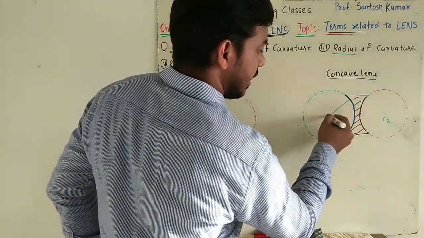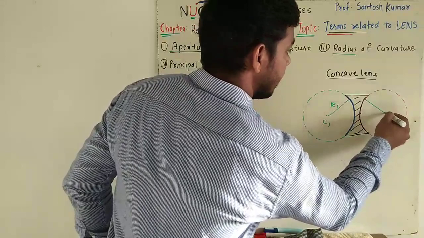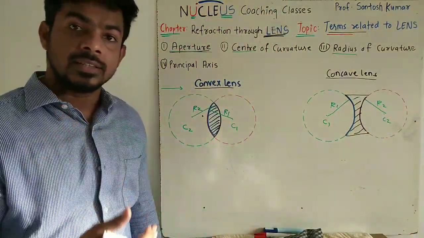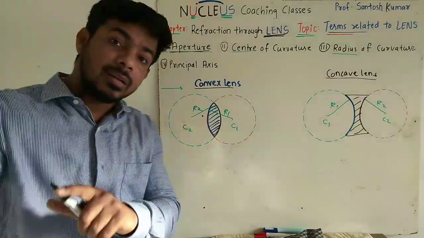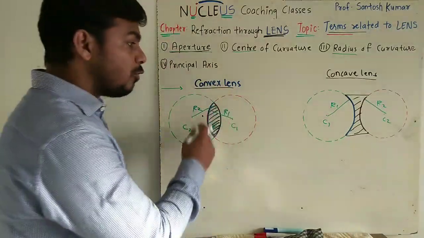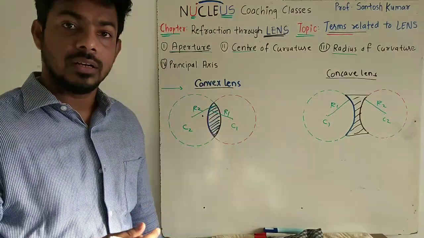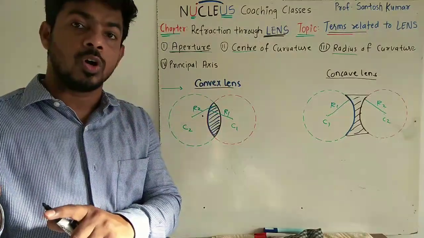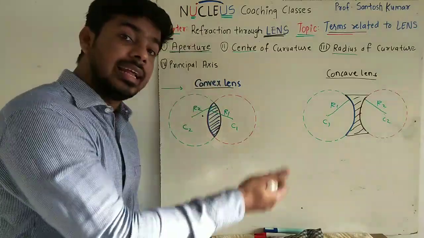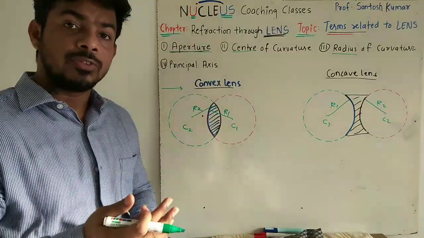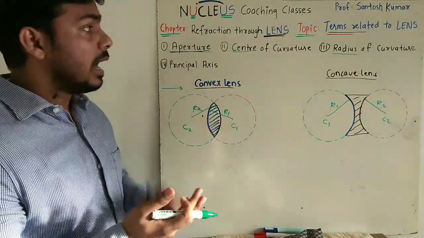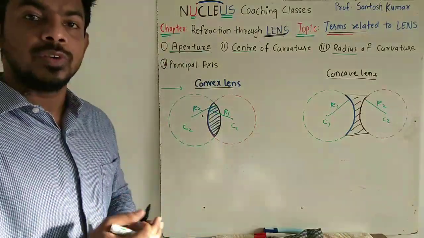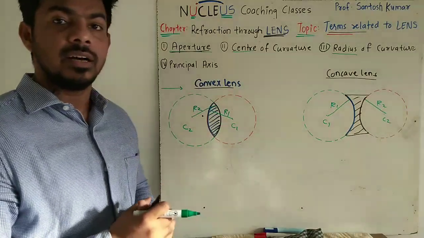Radius of curvature is nothing but the radius of that imaginary hollow sphere of which the given lens is a part. The center of curvature and radius of curvature are the center and radius of that imaginary hollow sphere of which the given lens is a part.